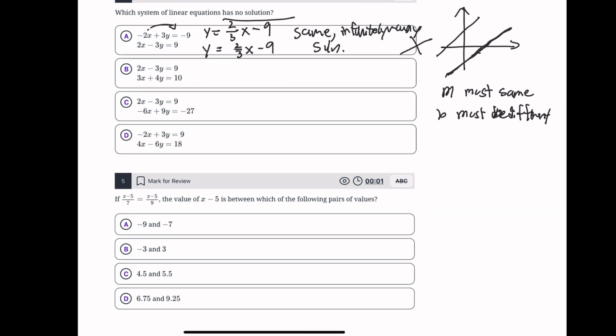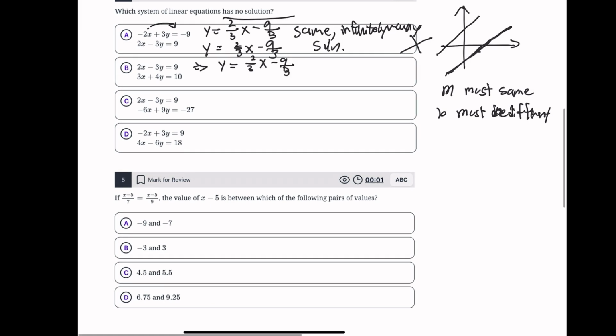Let's try B. From first glance, it's pretty obvious that these two slopes cannot be the same. Because if you rearrange, y is equal to 2/3 x minus 9 over 3.